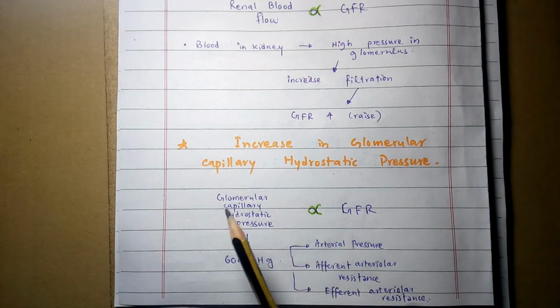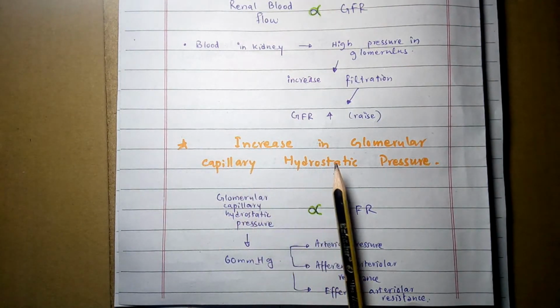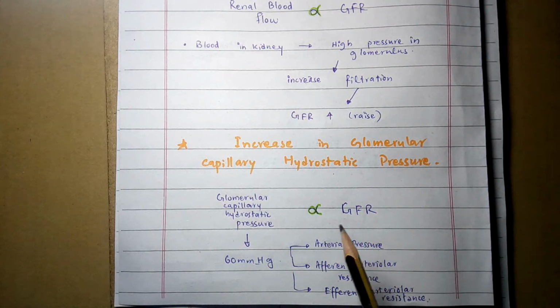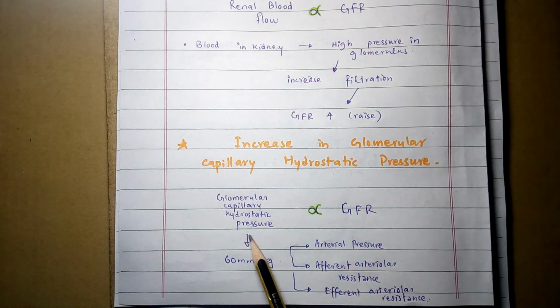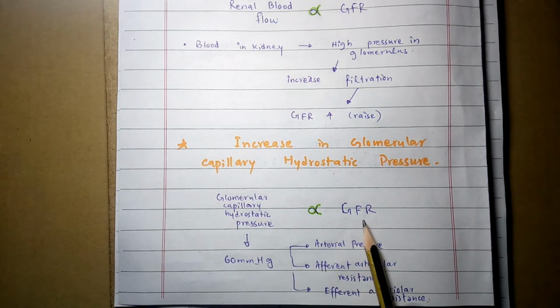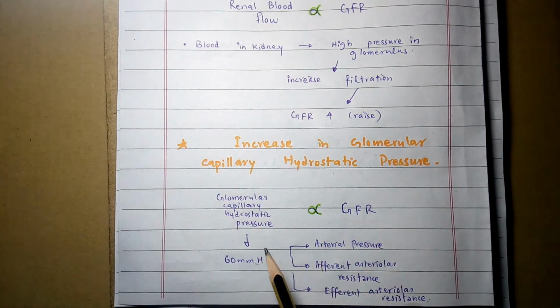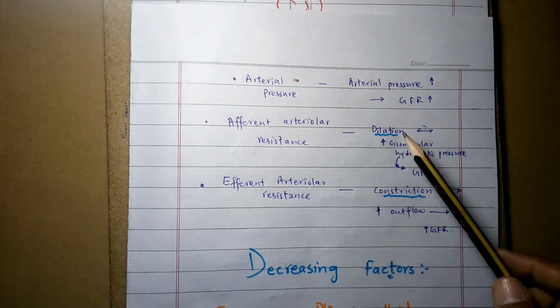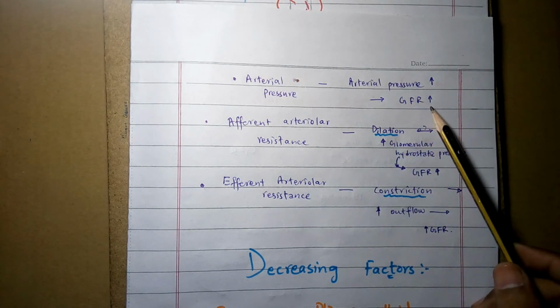Number three is the increase in the glomerular capillary hydrostatic pressure, which increases the GFR. The glomerular capillary hydrostatic pressure is directly proportional to the glomerular filtration rate. It is about 60 mm of mercury. It is determined by the arterial pressure, afferent arteriolar resistance, and efferent arteriolar resistance. An increase in the arterial pressure increases the GFR.